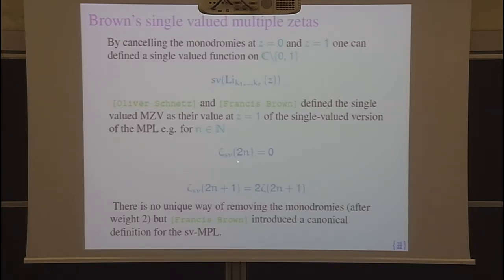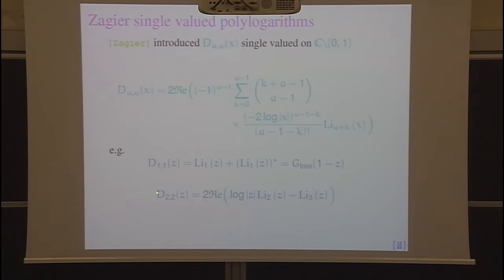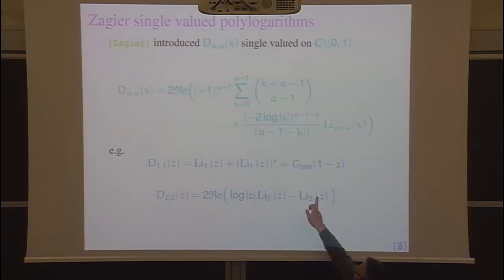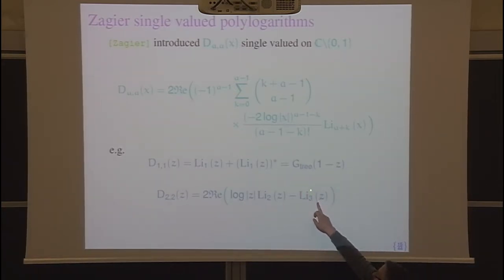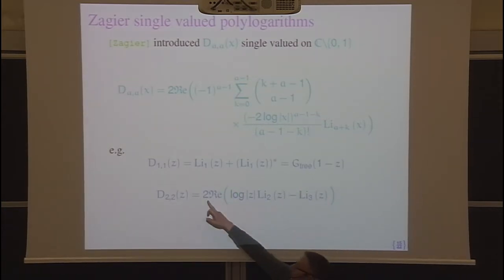So this is the way you define the single-valued projection of any even zeta to be 0. The single-valued projection of an odd zeta is obtained by the value at 1 of the single-valued function. If you take z equal 1, log z equals 0, and you get Li3 of 1, which is zeta 3, times a factor of 2.